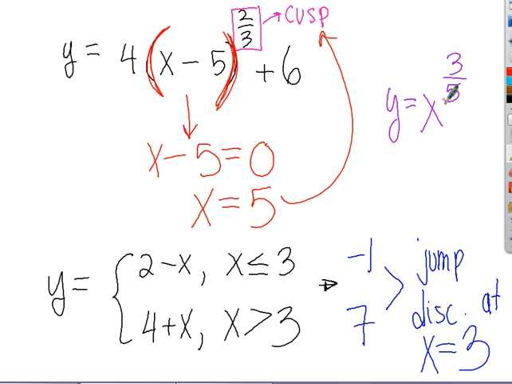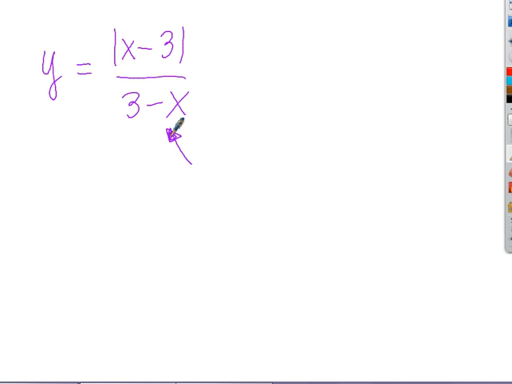Absolute values. Don't automatically think that an absolute value always has a corner. Is that differentiable everywhere? Easy. There's a denominator. You can tell right away where's the one place that you 100% know it can't be differentiable: x equal to 3. The question is what's happening at x equal to 3? Because with absolute values, you guys right now always think corner. There's no corner in this graph. It's a jump.